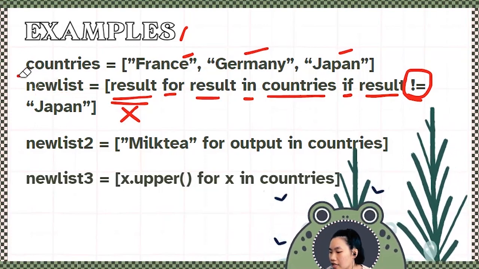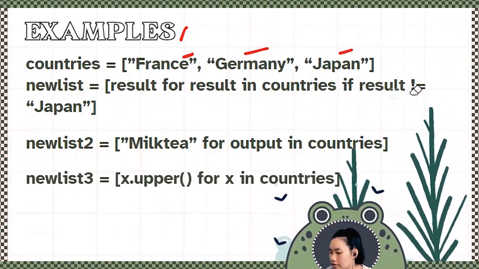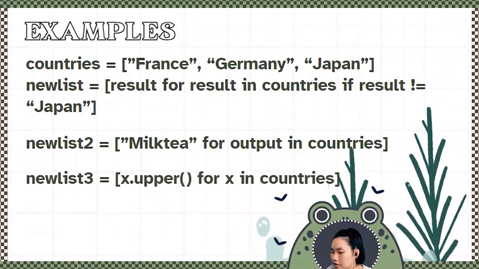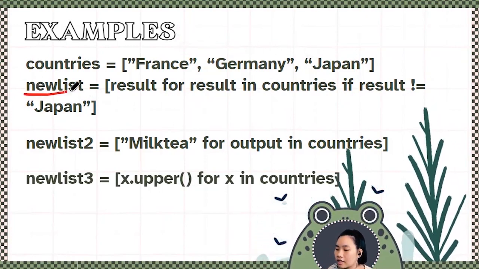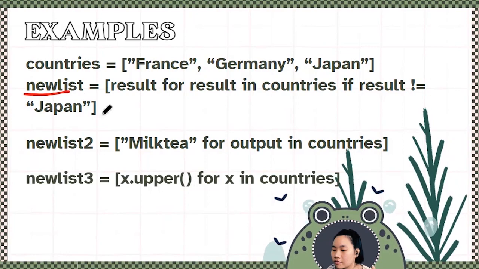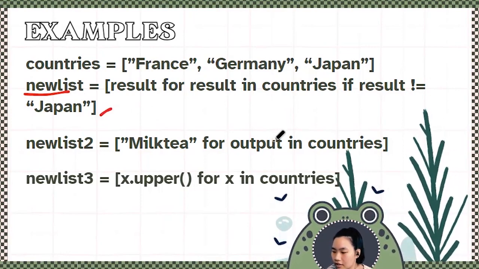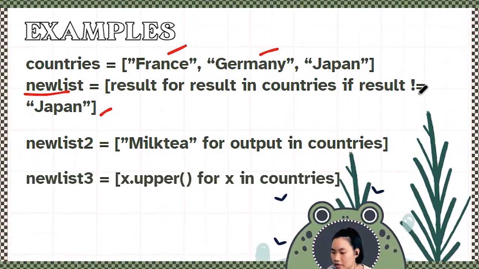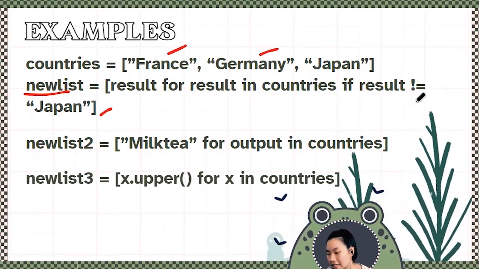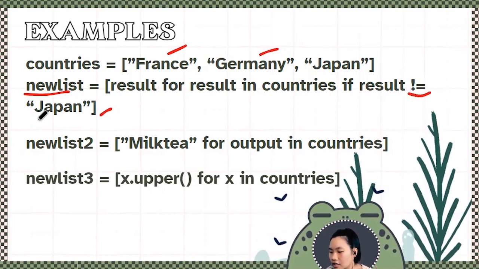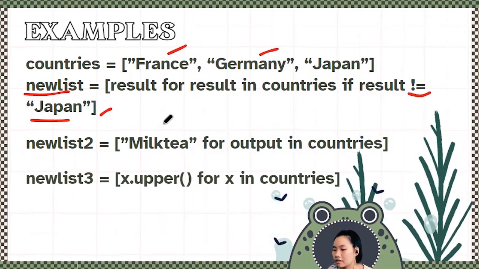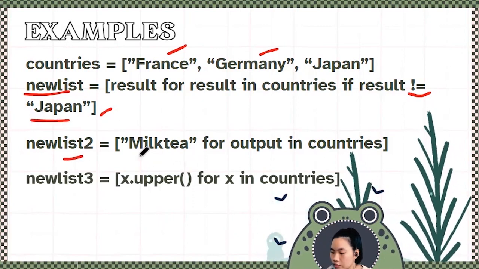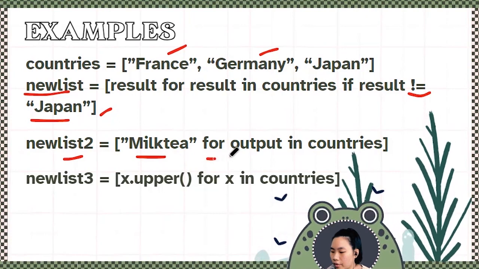And what do you think this new list will achieve? What elements do you think reside within this new list after we write this statement? It would be France and Germany because we specifically stated that result does not equal Japan, okay? For new list number 2, milk tea for output.